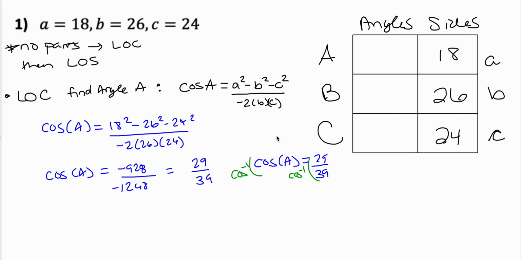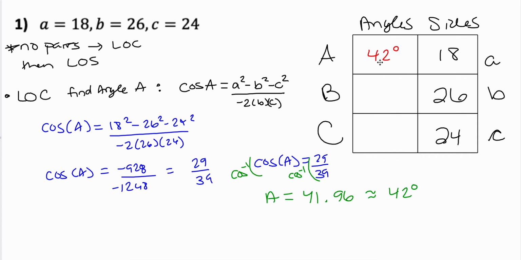So then we make sure our Desmos or our calculator is in degree mode, and we do cosine inverse of 29 divided by 39, and we get A is equal to 41.96. So we're going to round that to the nearest degree of 42 degrees. So I'm going to put that into big A is 42 degrees.